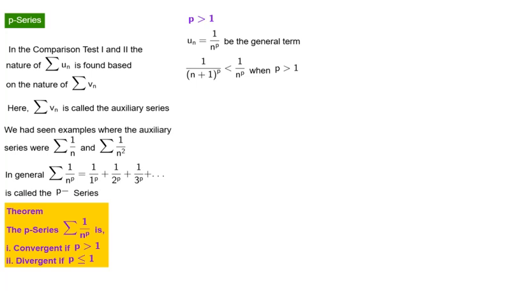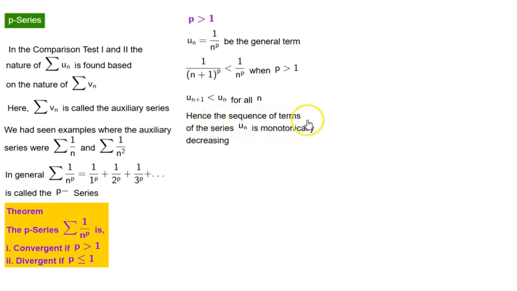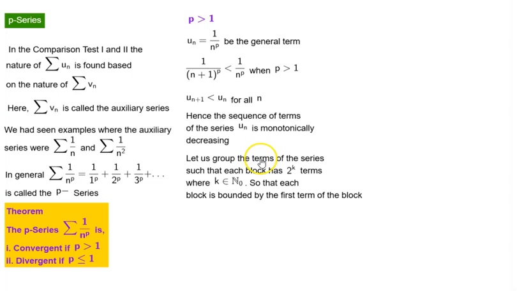So that's why this is less than. So that means U sub n plus 1 is less than U sub n for all n. What does that tell you? It tells us the sequence of terms of the series U sub n is monotonically decreasing. So that is one conclusion that we have arrived at.